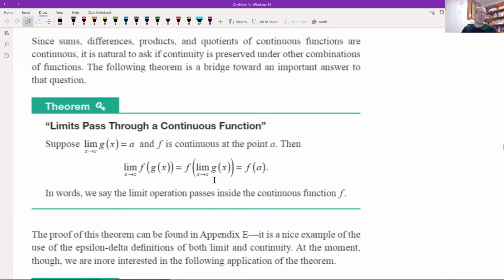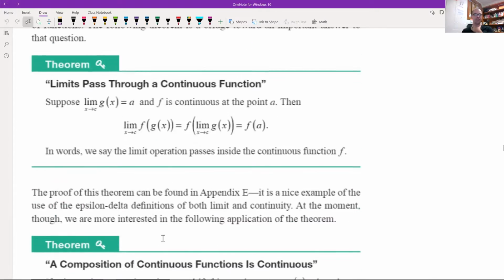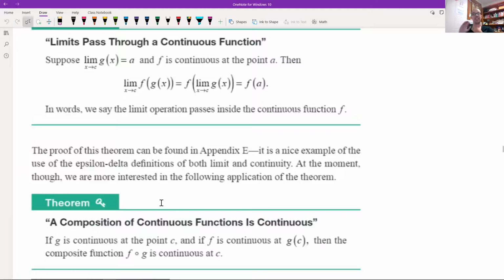So all that's saying is that when g is continuous at c, all of these are true, and it's almost like you can pull the function f outside the limit and just evaluate the limit of g of x rather than the whole composition. So that's nice when you know that the inside function is continuous. And again, these kind of things can be proven with deltas and epsilons, and it gets really gross, and that's why they throw it in the back of the book.